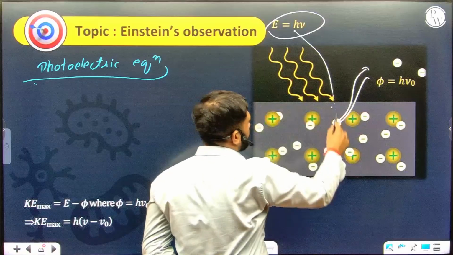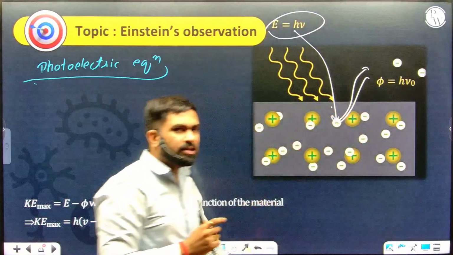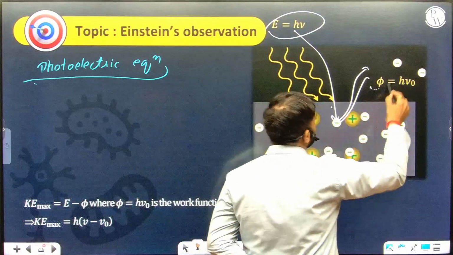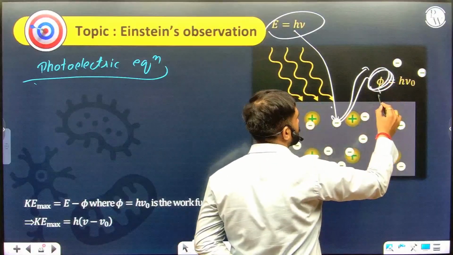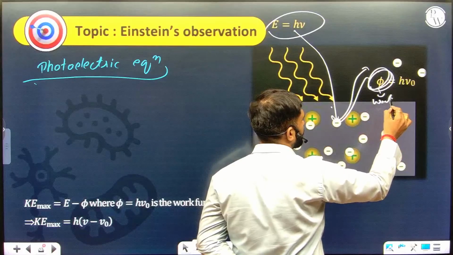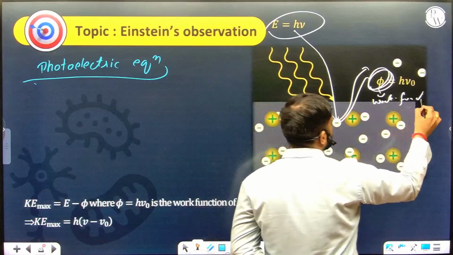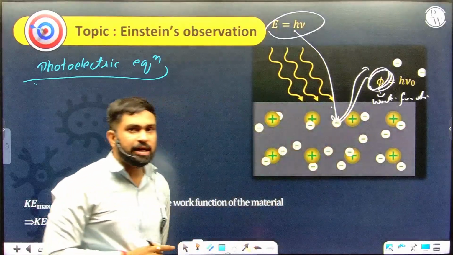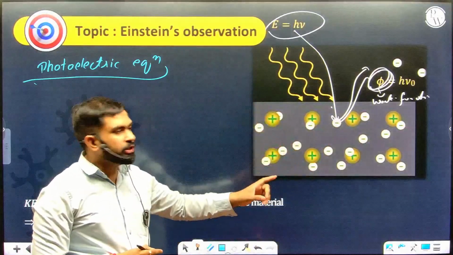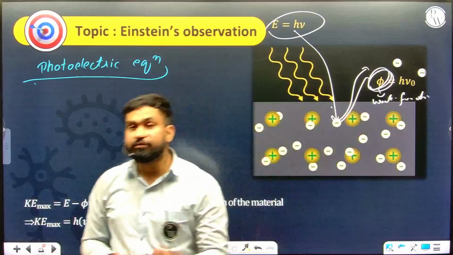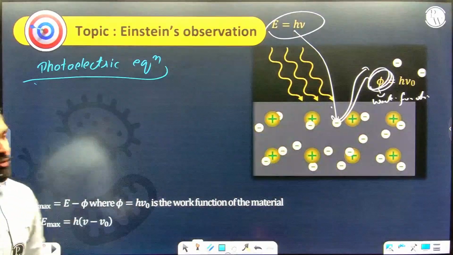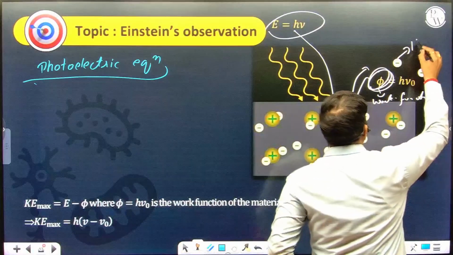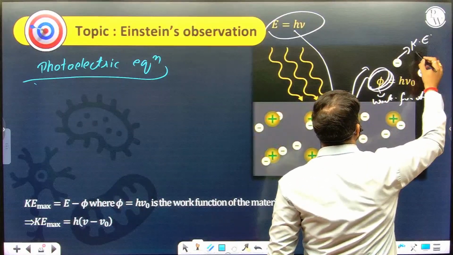This energy is supplied to the electrons, but to exit out of the metal surface, they must spend some energy, which is called the work function of the metal. So some energy provided by these photons to the electrons is utilized by the work function, and there would be some energy left over. This leftover energy becomes the residual kinetic energy of the ejected photoelectrons.